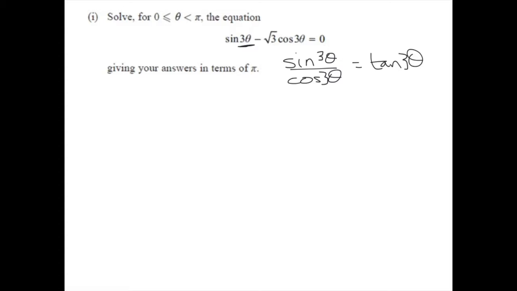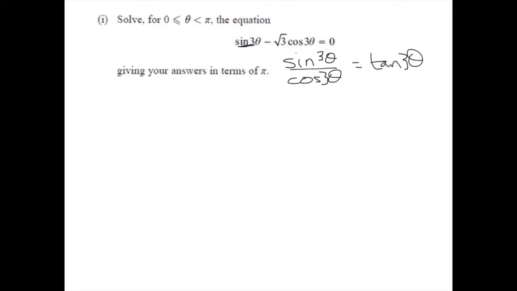So with the equation we have at the moment, the first thing I would do is move root 3 cos 3 theta to the other side. So we'll end up with sine of 3 theta is equal to root 3 cos of 3 theta.